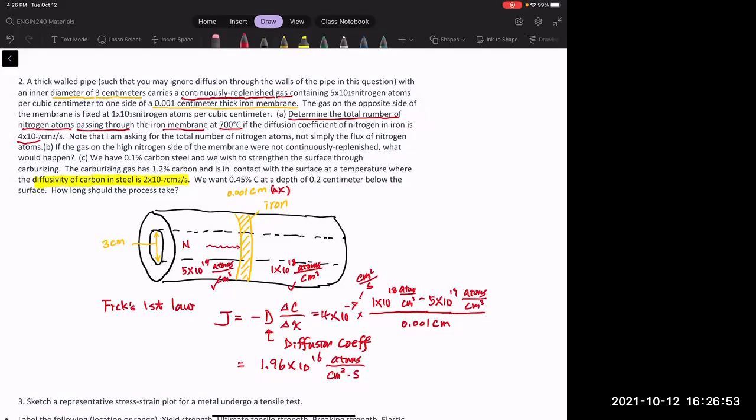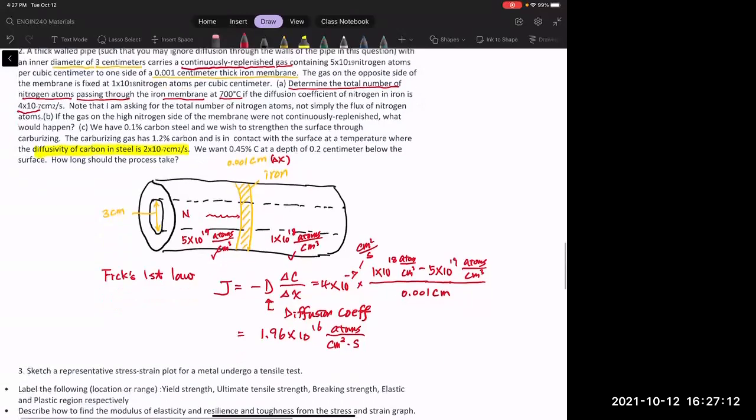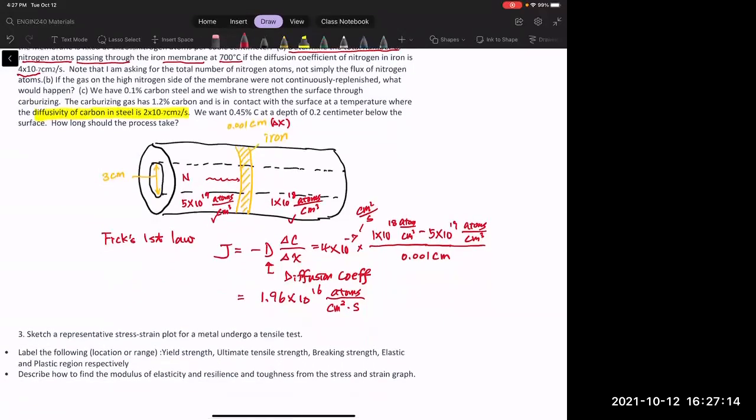In chapter 5, there's also a section and an equation that tells you how to find that. So they want to ask you about the total number of atoms in one second. So how do you find the number of atoms in 1 second? Well, you look at the flux.